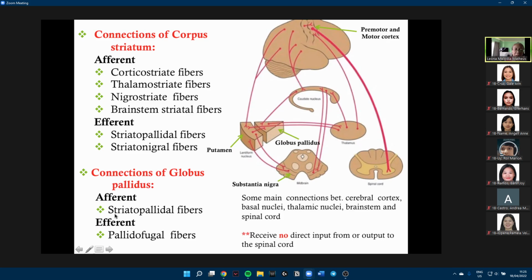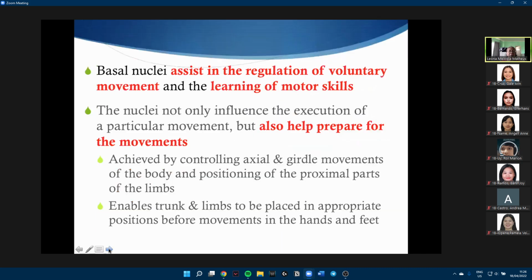Likewise, with the globus pallidus, the pallidus is the second part of the name if it is afferent, whereas if it's efferent, it is the first part in the nomenclature. Okay, so these are the things regarding the connections of your basal nuclei.